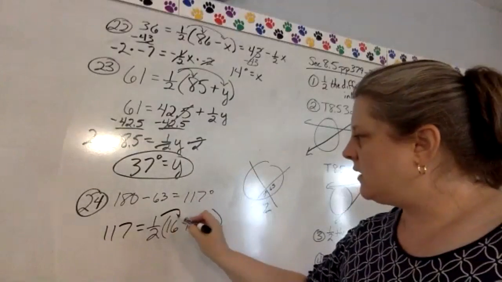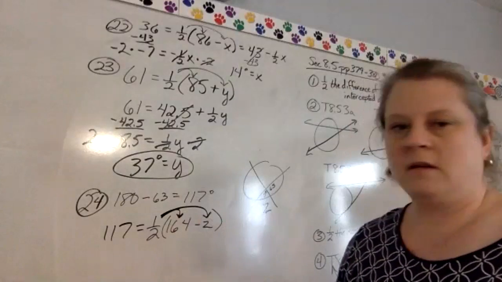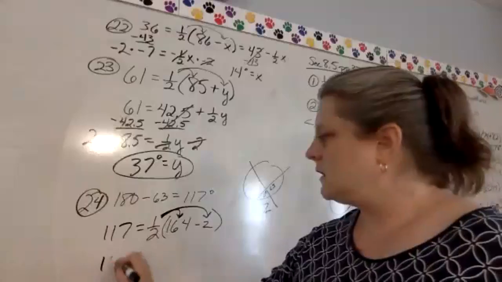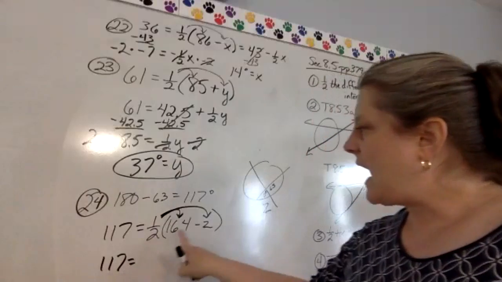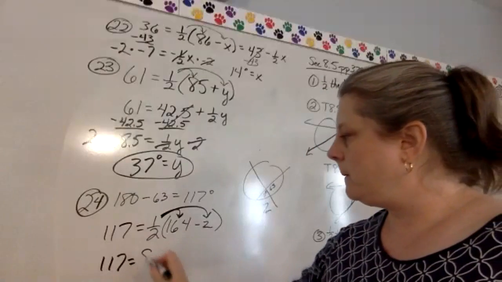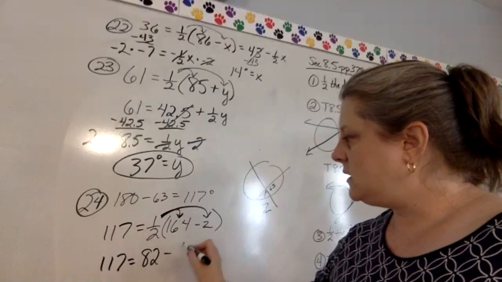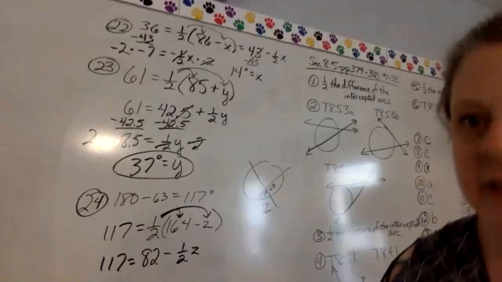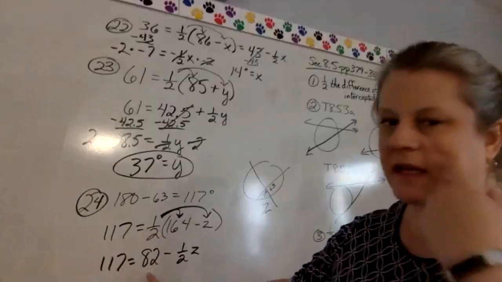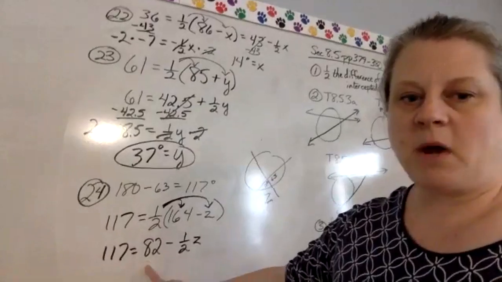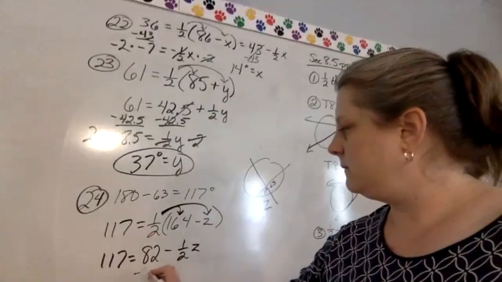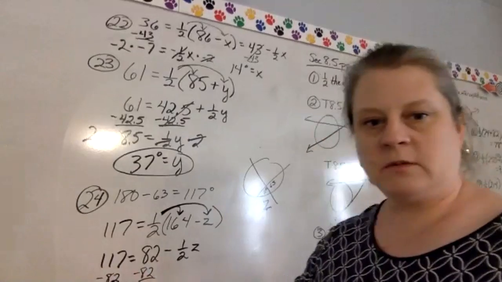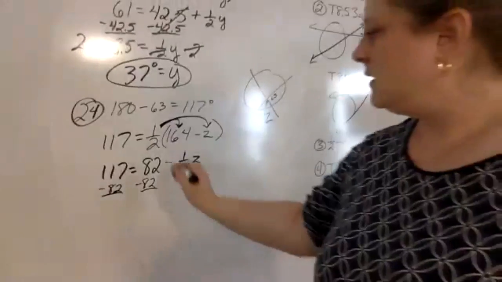We're doing distributive property, and then solving to get z by itself. So 117 equals half of 164, 82, minus half z. Then I got to get z by itself. So the opposite of getting the 82, it's positive, so to move to the other side, we subtract 82. Goes poof.